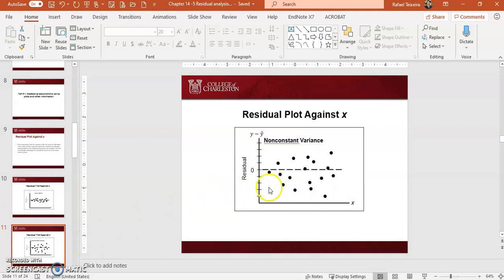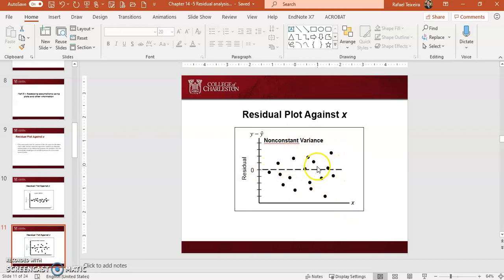That's different than this case. In low values of x, the error terms, the residuals, vary little. They don't vary much in low values of x. In higher values of x, the residuals vary much more, which means our model predicts very well when we are taking into account low values of the independent variable. But when we consider high values of the independent variable, then our model is not predicting well because we have too much error.